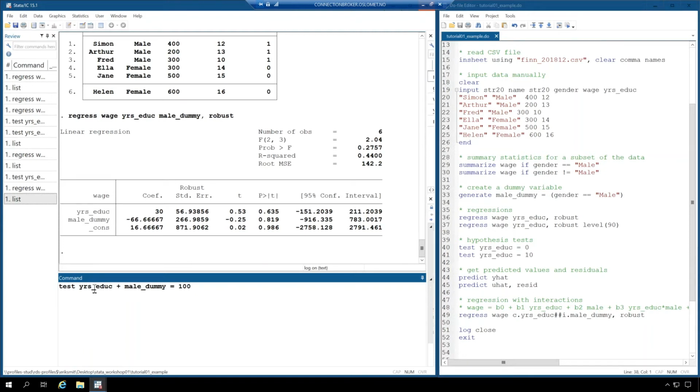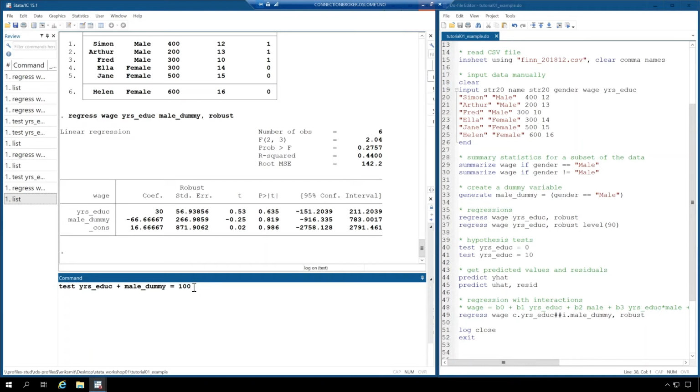So what does this tell us? It tells us that given 1 year extra education plus the person taking this education is male, then our null hypothesis is that the wage would increase by 100.